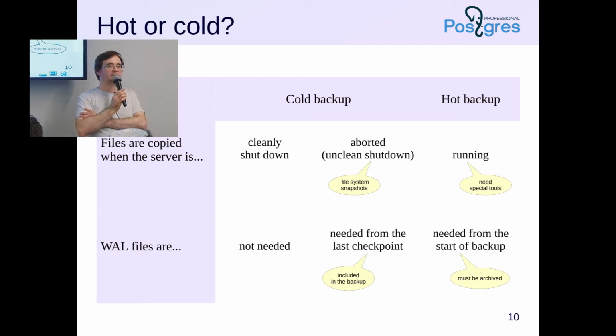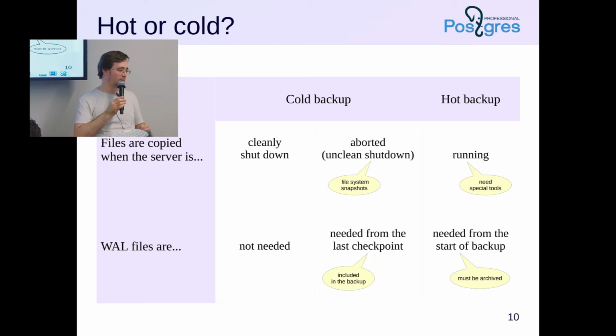And here is one tricky moment, because Postgres is doing checkpoints, and it can delete some WAL files. And if copying takes a lot of time, you have gigabytes, terabytes of data, Postgres can delete some WAL files, and you will not be able to restore from this copy. So you must somehow ensure that you have all WAL files from the very moment when you start copying your data.